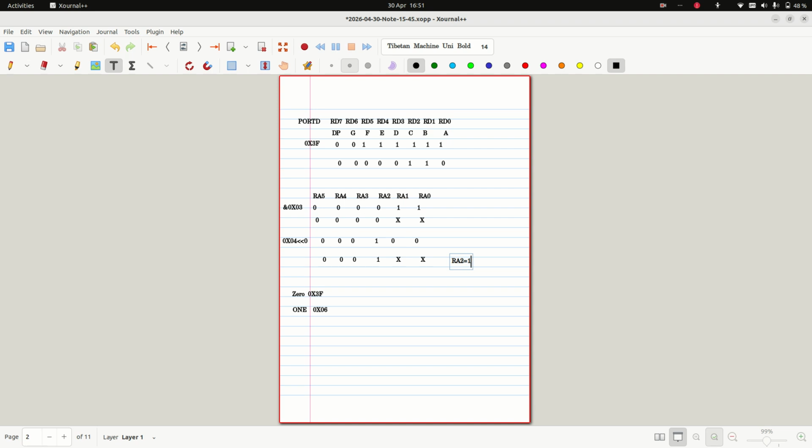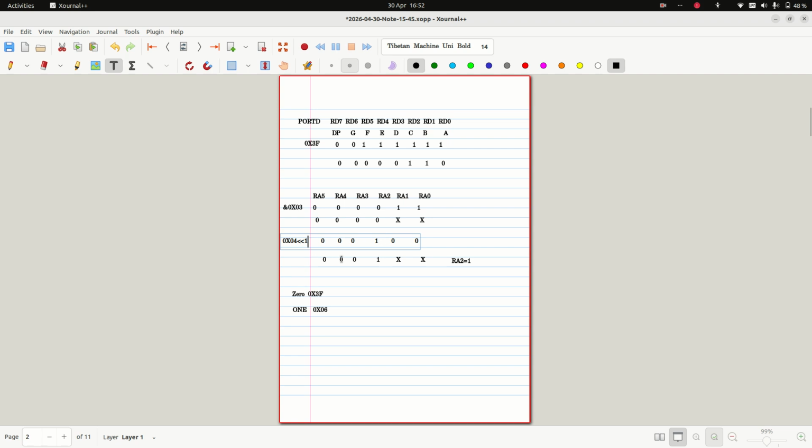So what do we need to do to make RA3 equal to 1, or high? Here we need to shift this one. The same thing we need to do, but here we need to use 1. So then what will happen here?